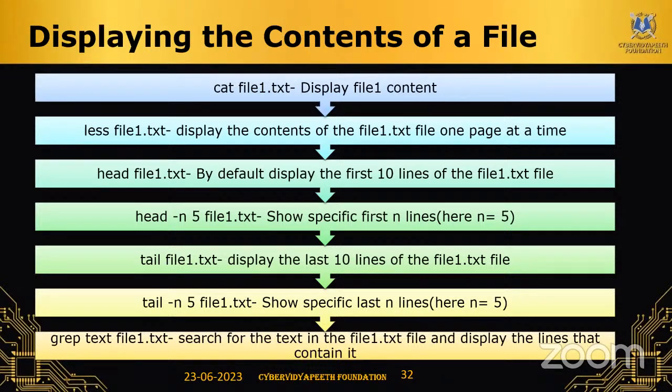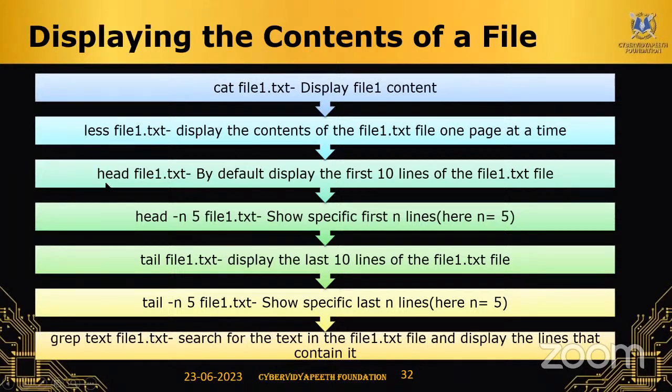Let's suppose a txt file contains many pages, and we have to print only one page of that file. For that purpose we will use less, then type the file name. This command will print the first page of that particular txt file.